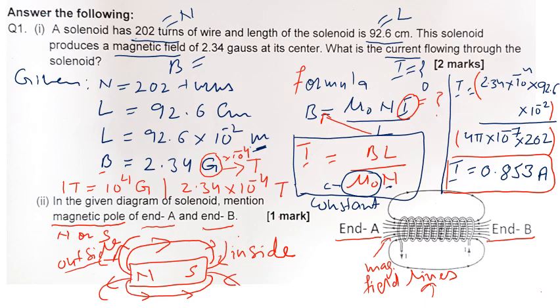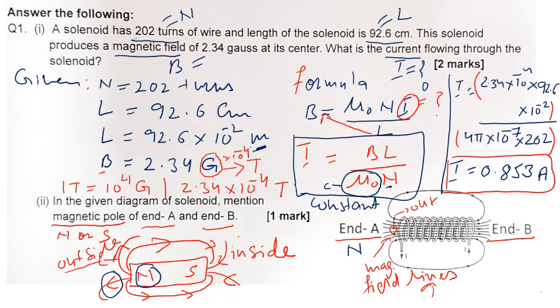This arrow is telling us these fields are going out from this solenoid. So they are going outside. Outside means this is the north pole.